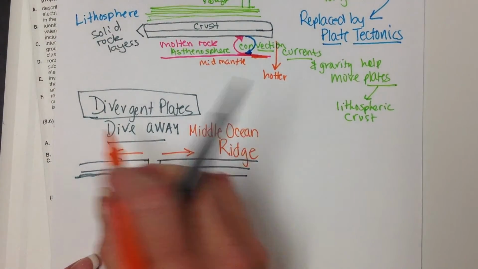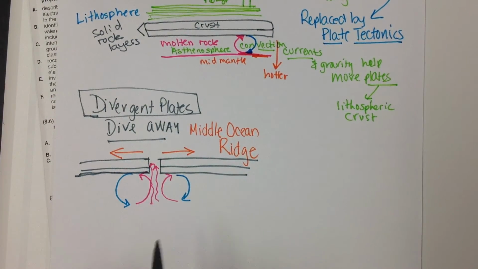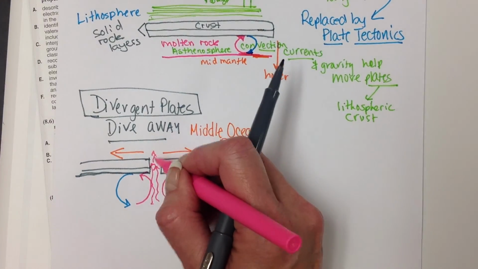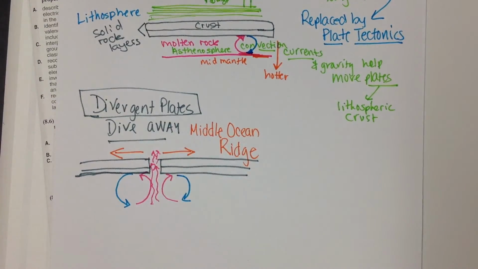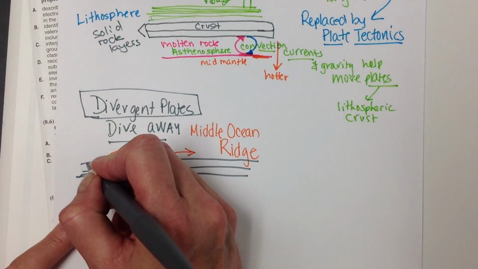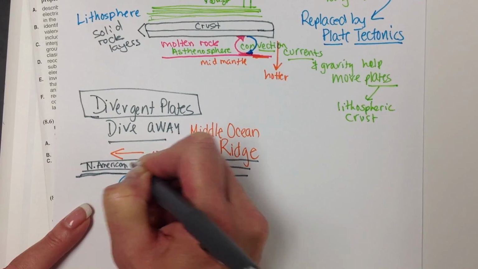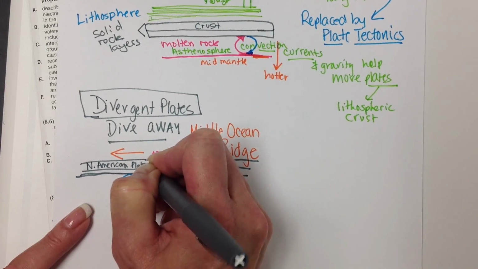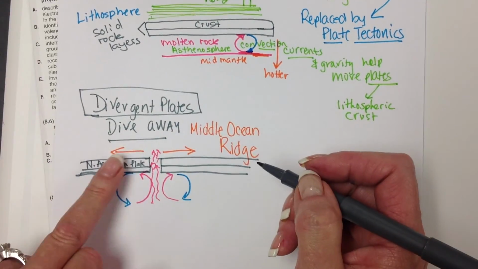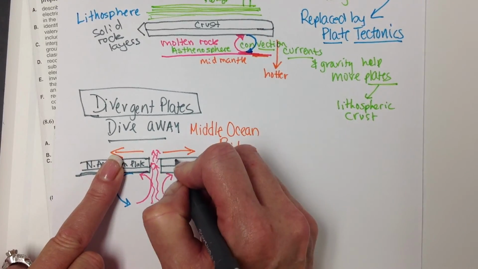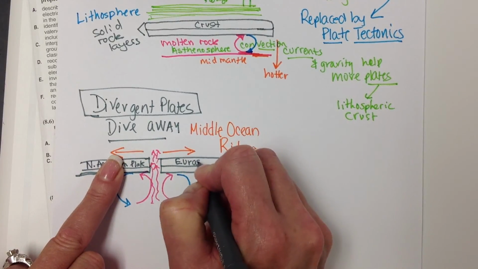We have stuff creeping out here, that molten rock coming up here and cooling. And this is actually happening between the North American plate, so we're on this side, this is us, North America sits on the North American plate, and the Eurasian plate sits over here.